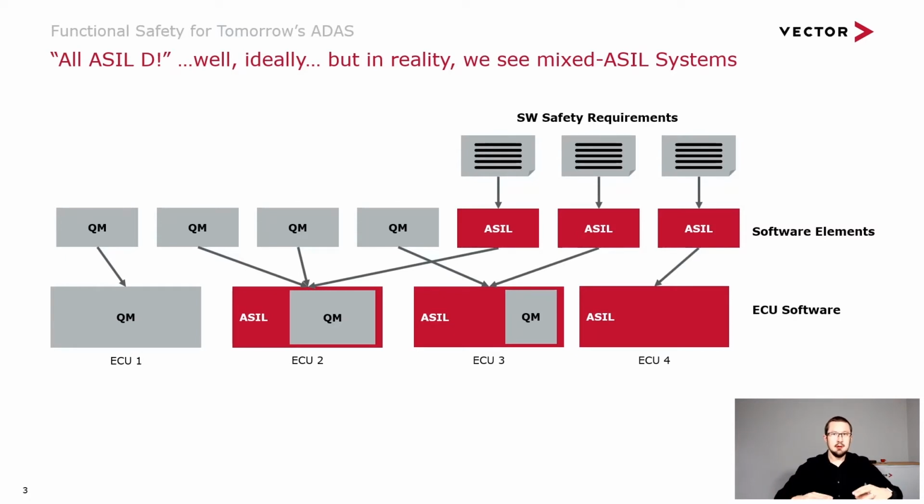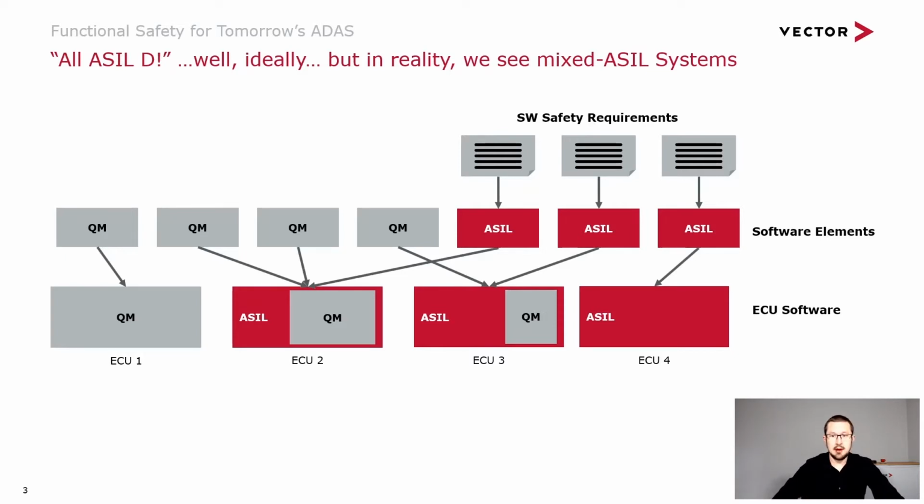And then beneath the application, right at the bottom layer, you have the driver level, often called the MCAL in AUTOSAR. And that MCAL might only be available according to QM or perhaps ASIL B, even within your ASIL D application. So typically in an ECU, we see this mix of QM software and ASIL software, and we have to be able to support that.